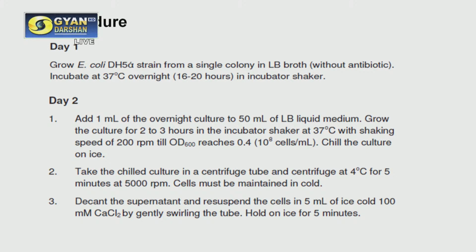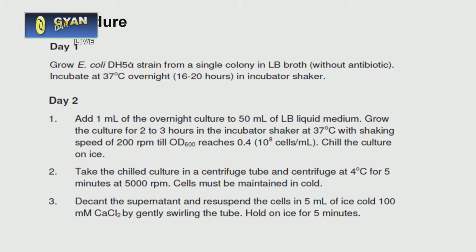If you see that the optical density reaches 0.4, then you can understand that it is suitable for bacterial transformation, because it has almost 10 to the power 8 cells per milliliter. So 10 to the power 8 cells per milliliter corresponds to around OD 600 of 0.4.